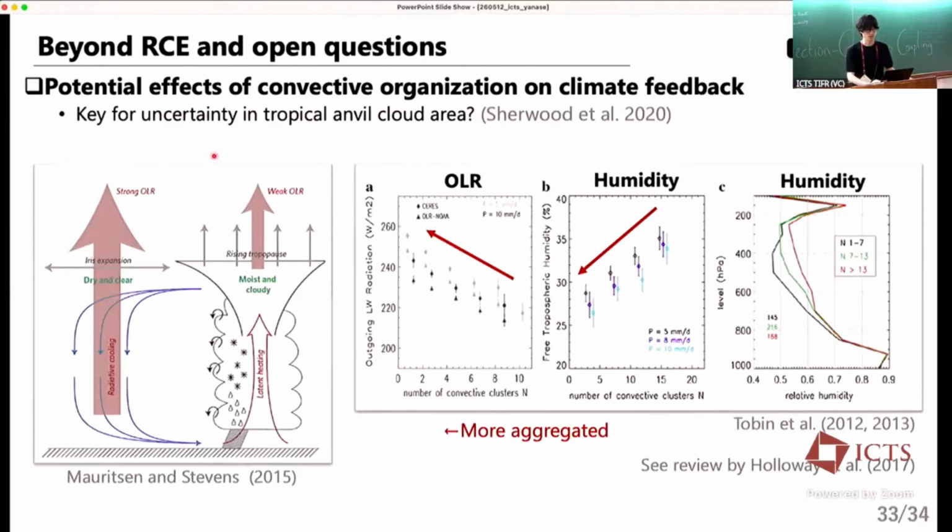So it is not a simple answer, but it is a potential connection to climate sensitivity experiments. And there is some observational evidence that a more aggregated state increases the OLR and gives a drier atmosphere. It is consistent with self-aggregation in idealized simulations. Maybe this kind of observational study is also important for future work.